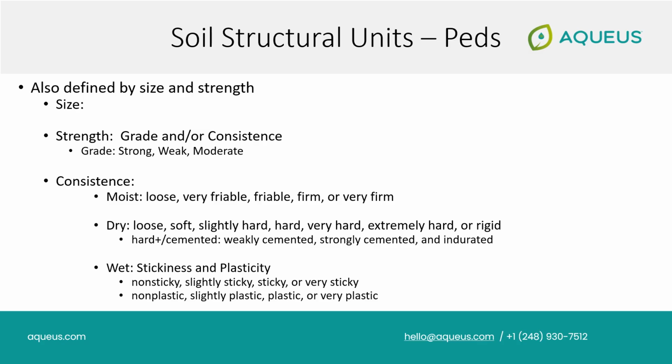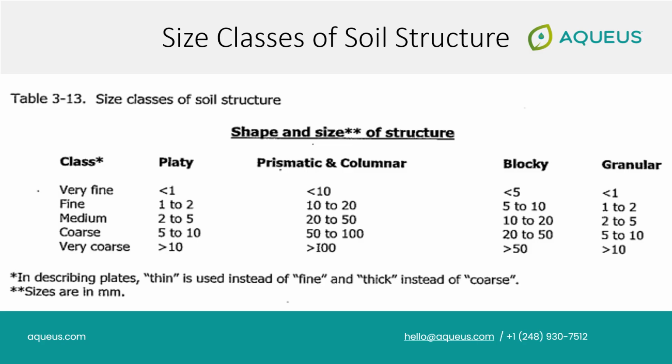Consistence looks at the condition in various states: the moist state, the dry state, and the wet state, where we ask how sticky or plastic or non-plastic it is. Those are ways that we talk about soil structural aggregate strength. Now if we look at the classes, the classes are defined by certain sizes, and sometimes these are sieved. You have to handle them gently so that you don't break the peds apart to sieve them.